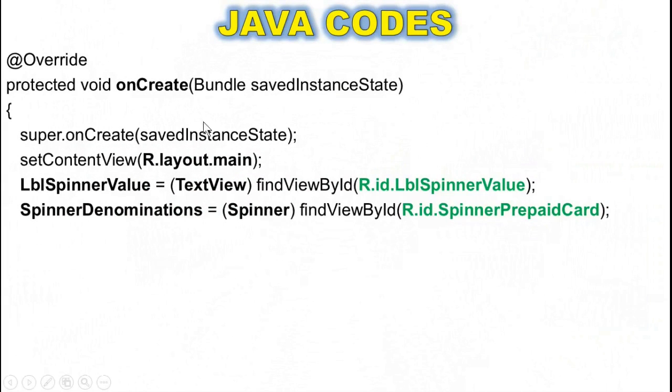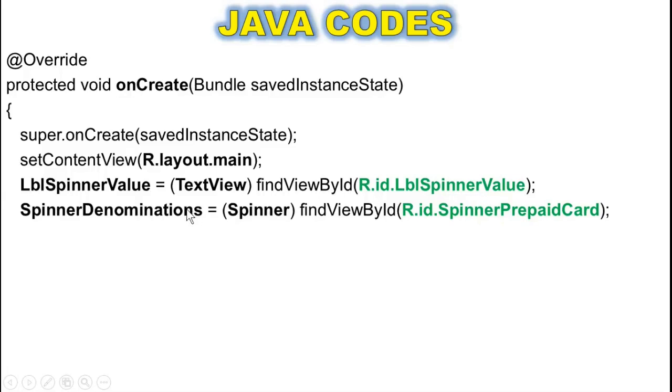Inside the onCreate method, the command setContentView is set to R.layout.main, and it is generated by the Eclipse IDE. I instantiated the object lblSpinnerValue in this line: lblSpinnerValue is equal to the data type casting TextView, the method call findViewById, and then I supplied the constant value R.id.lblSpinnerValue.